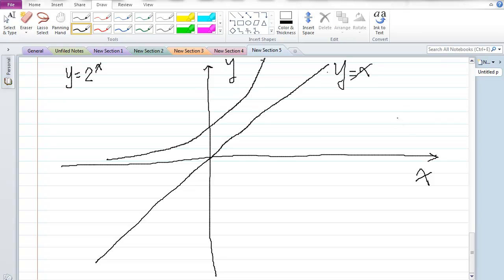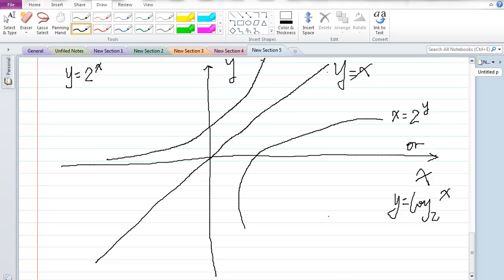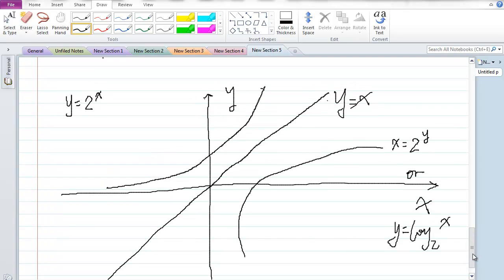And the inverse function, we can denote as x equals 2 to the y's power, or by the new definition, y equals log 2 x, and the graph is like this. Obviously, the original function and the inverse function are symmetric along the line y equals x.